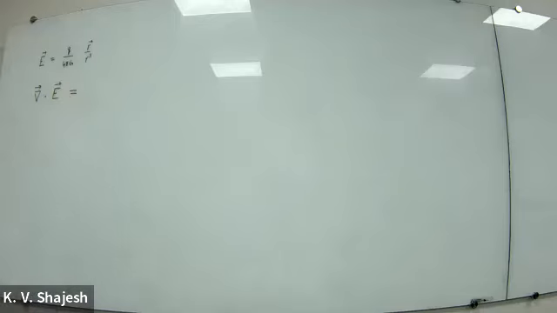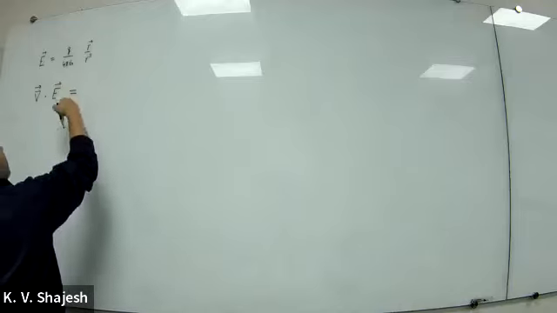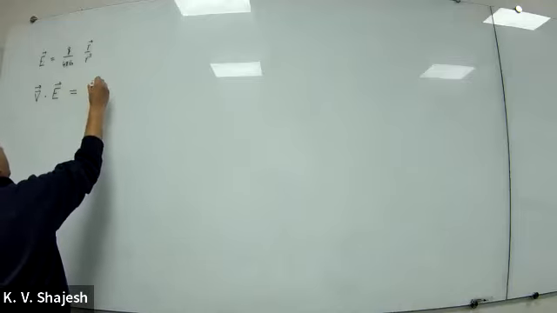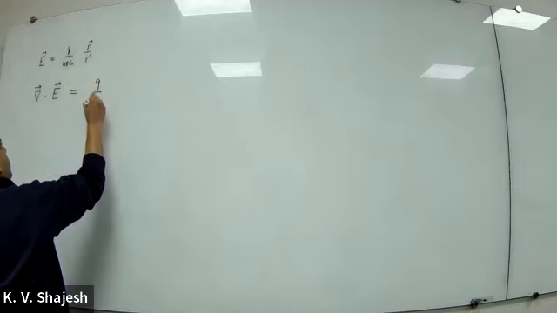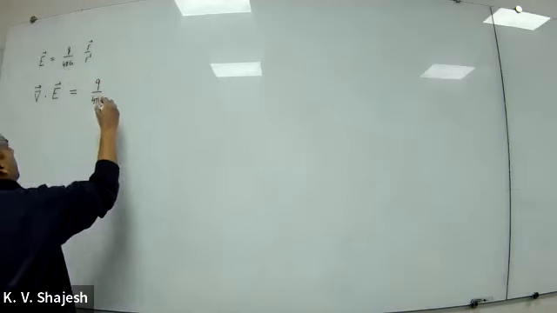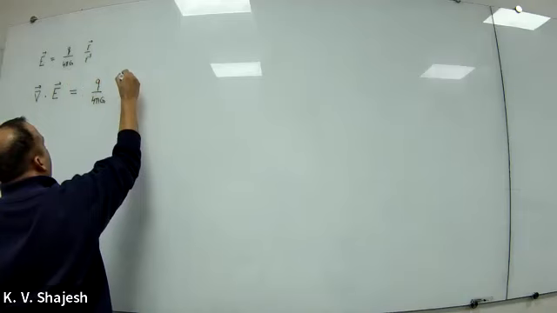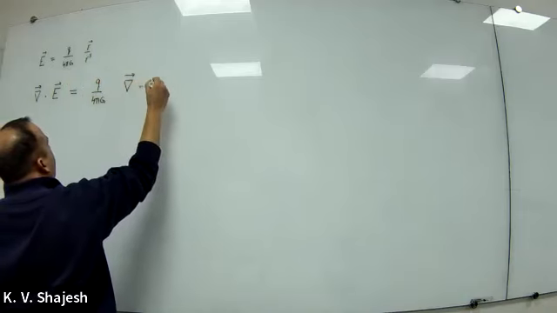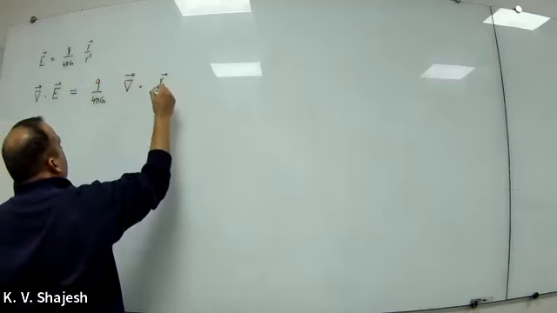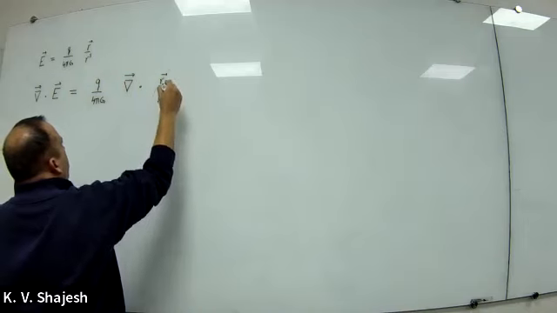That's something we want to work with. If we evaluate this, there's a constant, 4 pi epsilon naught, and we have the divergence of r over r cubed.